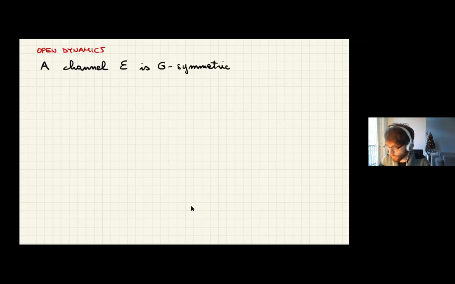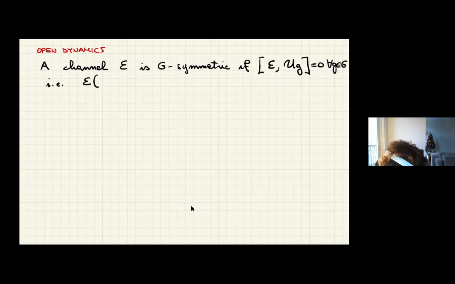And you're not going to be completely surprised if I now say that it is symmetric if it commutes with the unitary for every g in G. Again, you have a symmetry group, and this is the unitary representation like before. What do I mean? Let me write this equation explicitly. I mean the following equation.